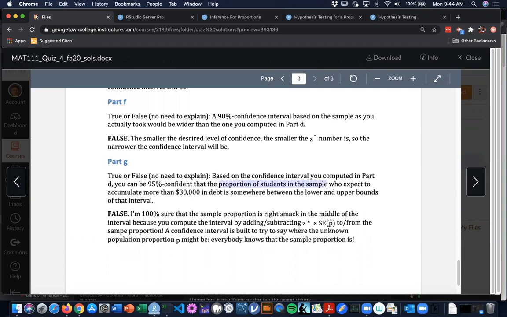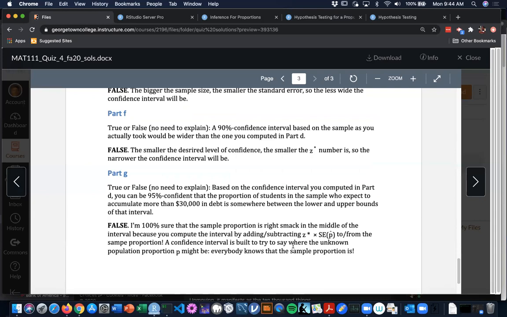That's the sample proportion. You already know that. Everybody knows it because they know the sample. That's the 750 over the 1,600. Everybody knows the sample proportion is 46%. What they don't know is the population proportion, and the confidence interval is meant to try to contain it.